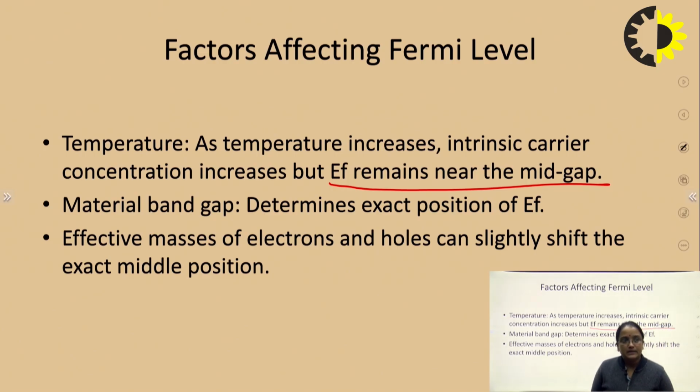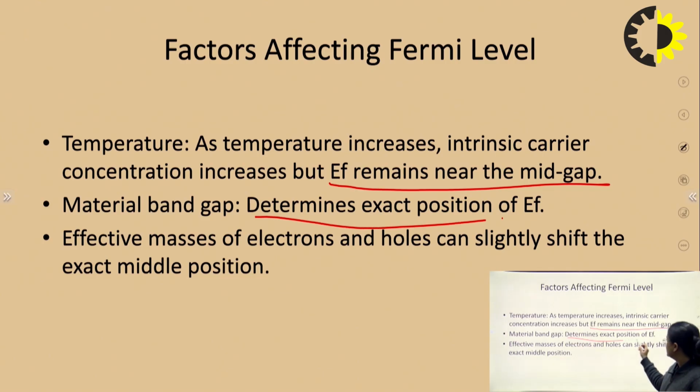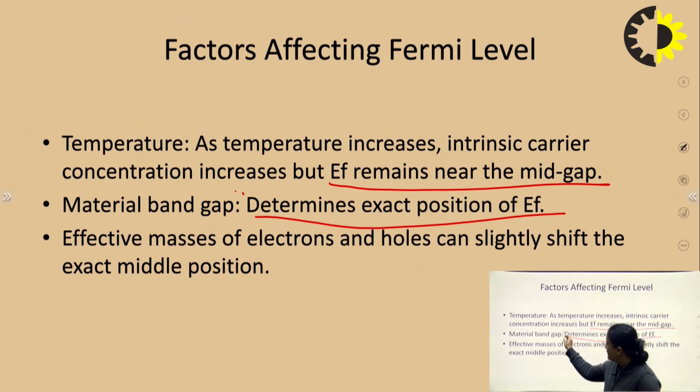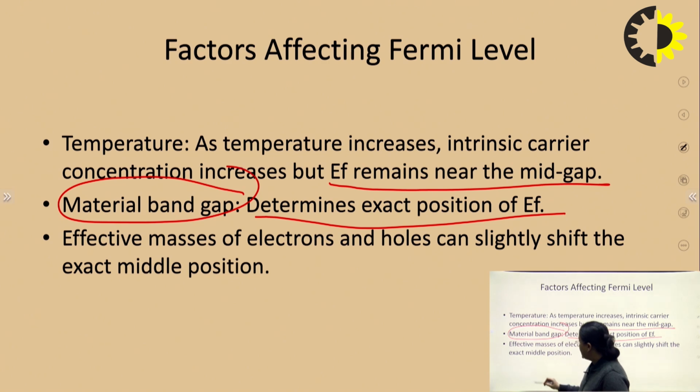Next is the material band gap. It determines the exact position of your Fermi level. The third is the effective mass of electrons and holes, which can slightly shift the exact middle position. So, the major effect is particularly of the material band gap, the second one is of effective mass, and the last one is of temperature. So, these are the factors that are influencing the position of this Fermi level.